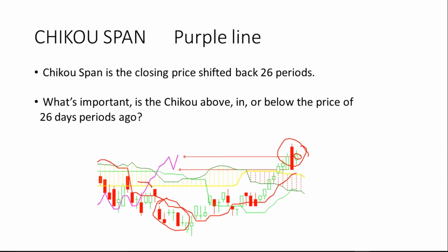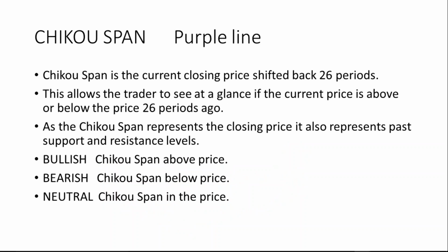So as it comes out of the price action in areas like this here, as it moves through price action and comes into fresh air, this is where the breakout occurs over here on the right hand side, and it is deemed then that the price is higher than it was 26 periods ago. The Chikou span is the current closing price shifted back 26 periods.